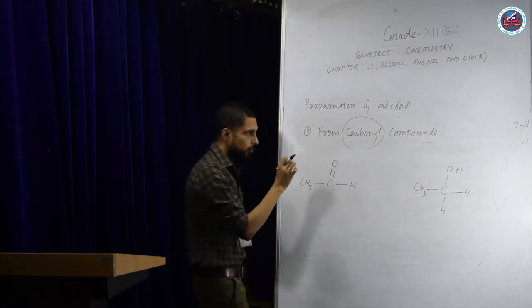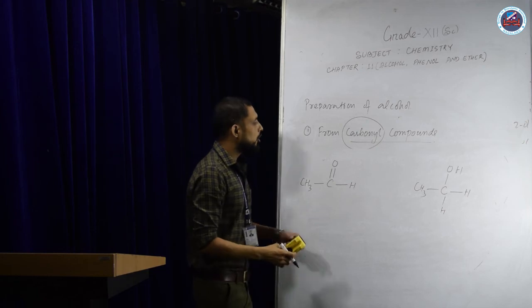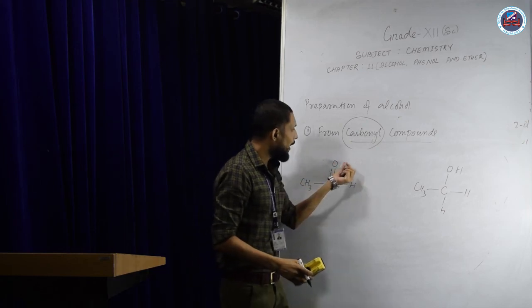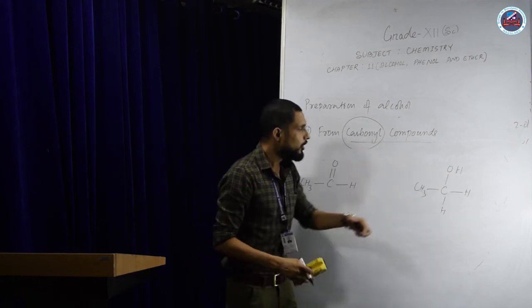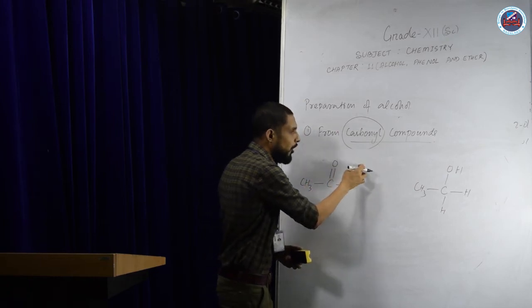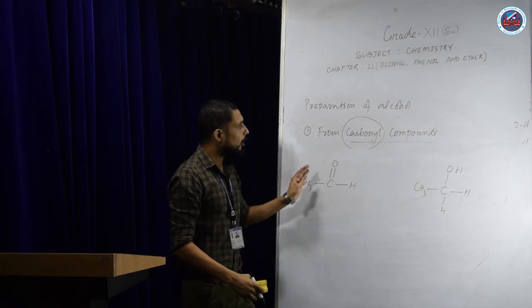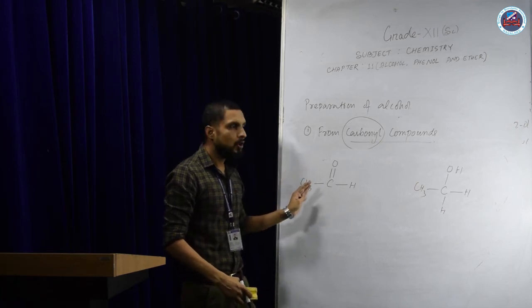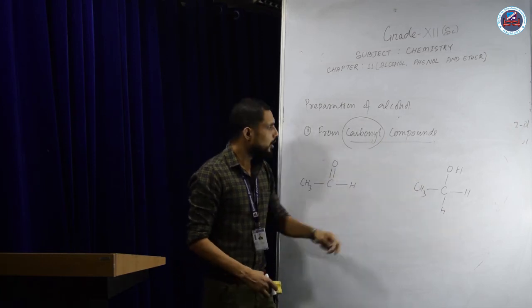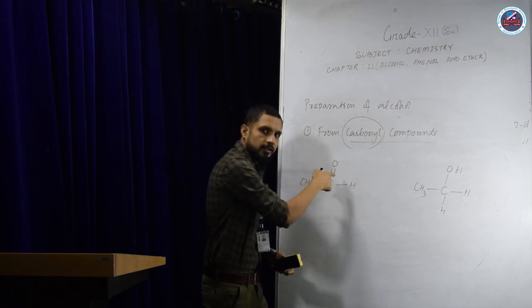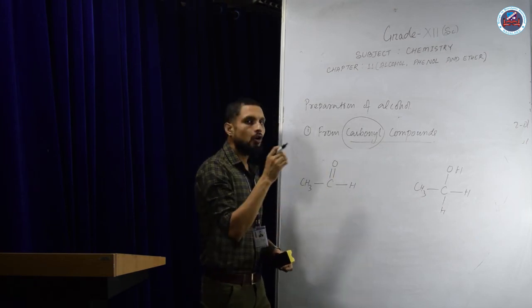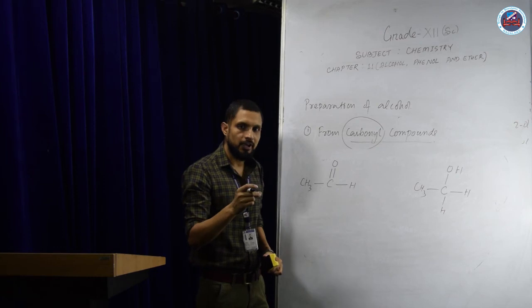The CO pi bond will break, and there will be a formation of OH. That's how we have OH here. So there will be a formation of an OH bond and a CH bond. So in the case of a carbonyl group forming alcohol, there will be CO bond breaking and OH bond formation.